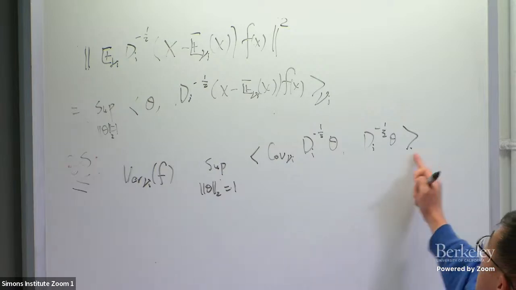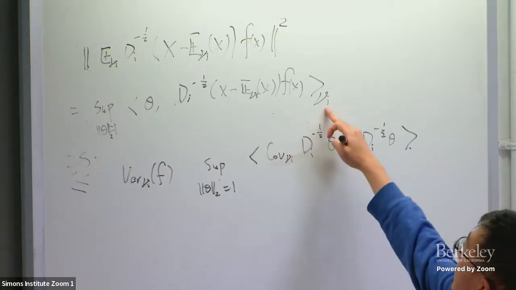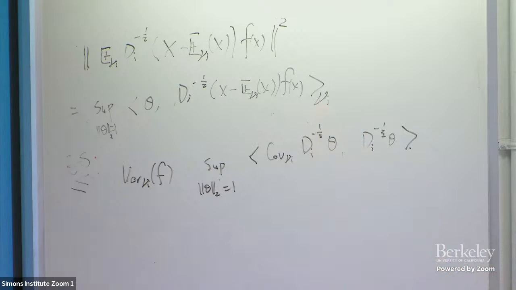Because I get the covariance of mu here, having already summed things up, I don't need this mu i here.